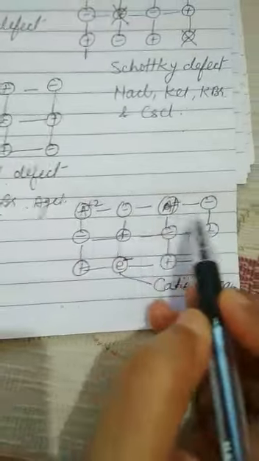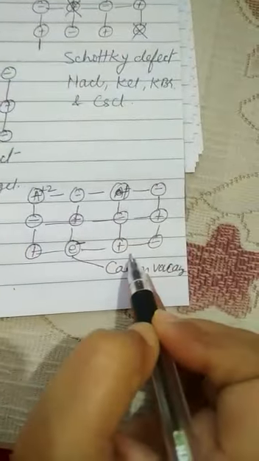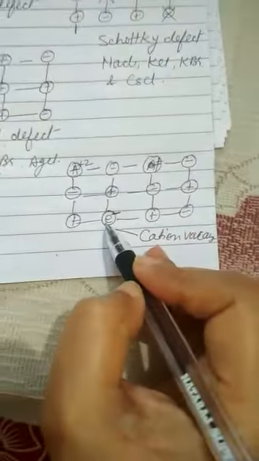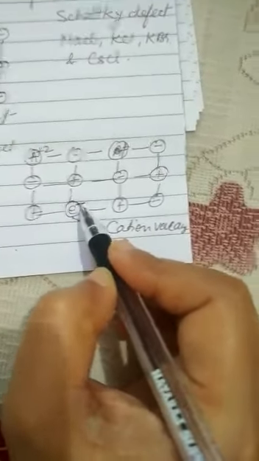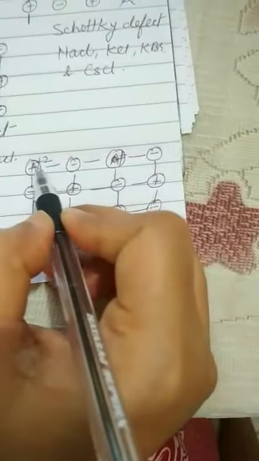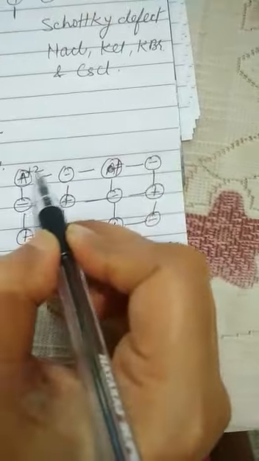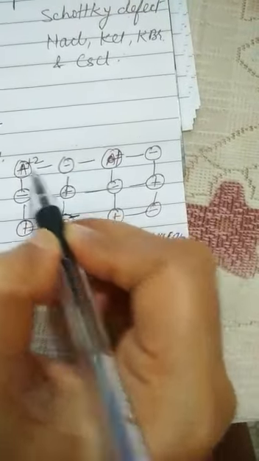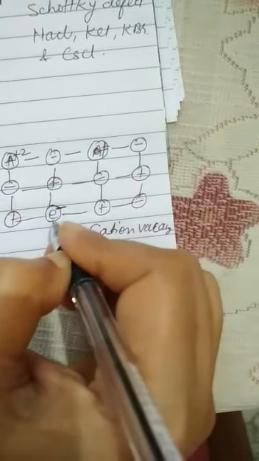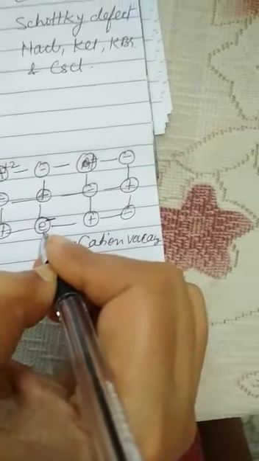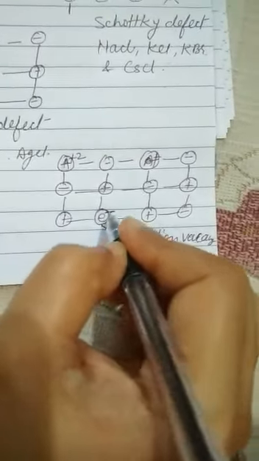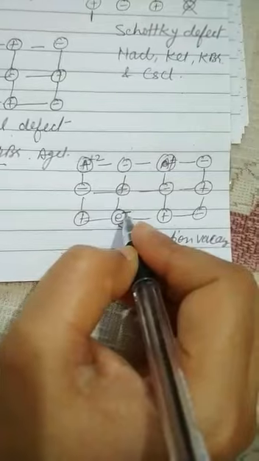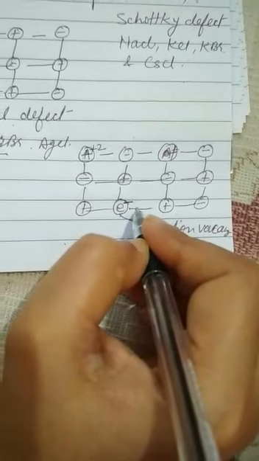So this is an example of a metal excess defect due to the presence of an electron, and a cation occupies a higher valency to adjust the electrical characteristics. These types of centers are also known as F centers.